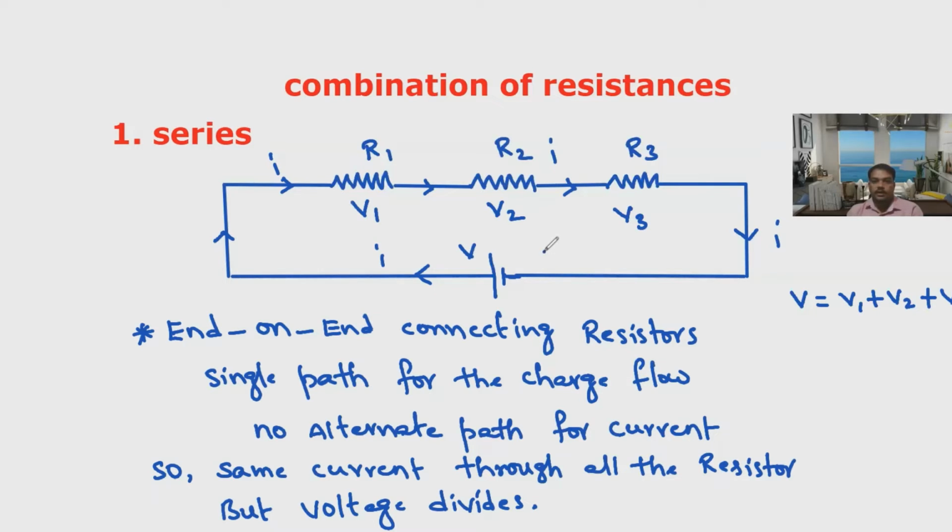Let R be the resultant resistance of the circuit. Apply Ohm's law across the ends of the cell. That is, V is equal to IR.